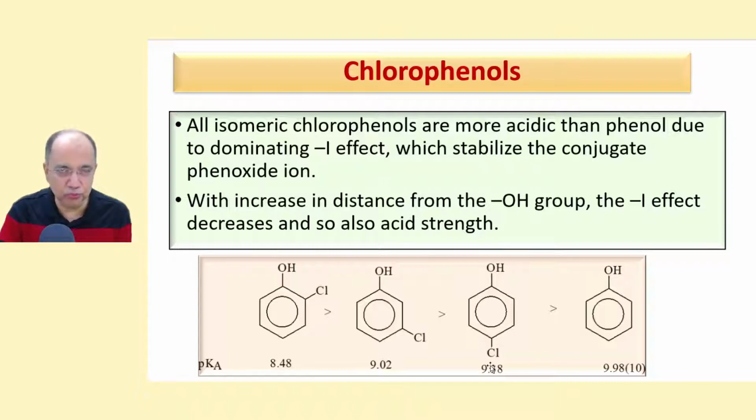There is no plus M effect here, which is very, very less in large size chlorine, bromine, iodine. Now, smaller the distance between the two, stronger is the acid, and acid strength goes on increasing from ortho to meta to para, and all these three are stronger than phenol.